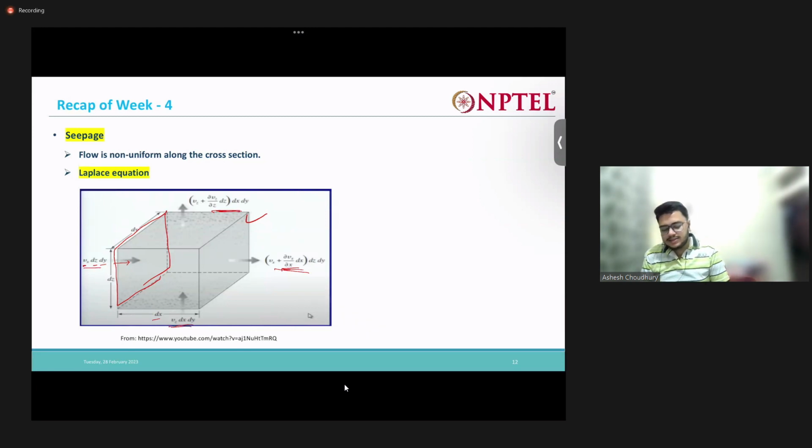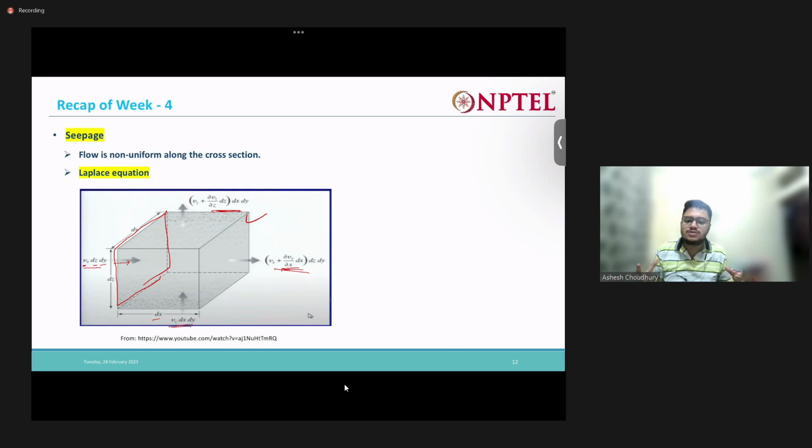Now what we can write is that my rate of inflow will be equal to my rate of outflow when my condition is that there is no volume change. Here, whatever we are studying is not unsaturated soil; we are considering the soil is saturated. There is another part of soil mechanics known as unsaturated soil mechanics, which is also a very vast and very advanced topic.